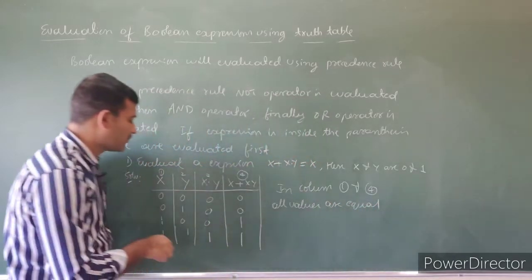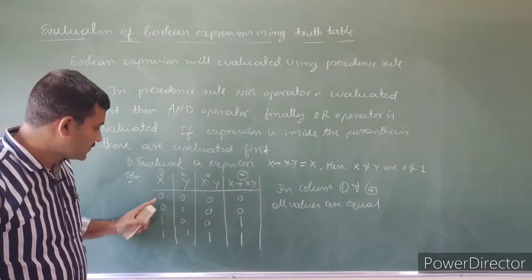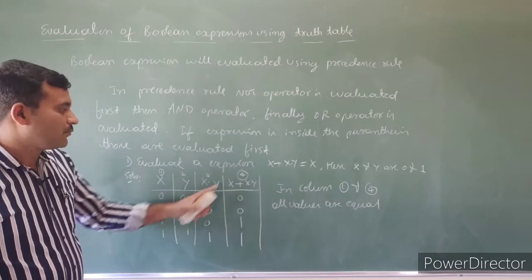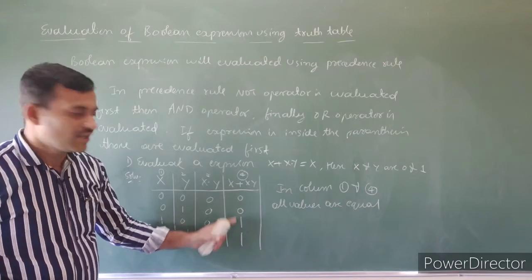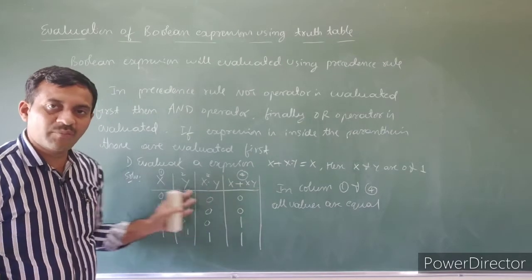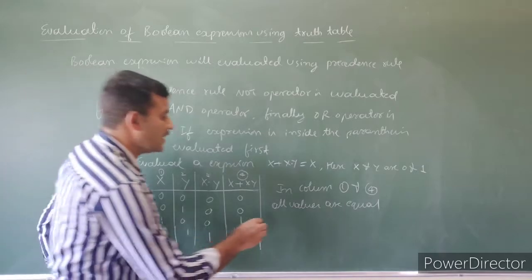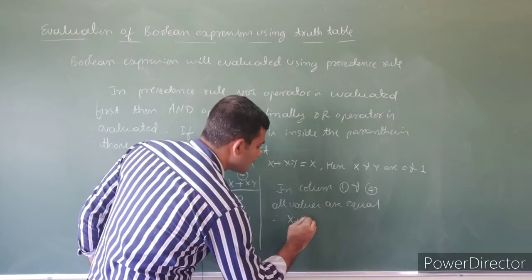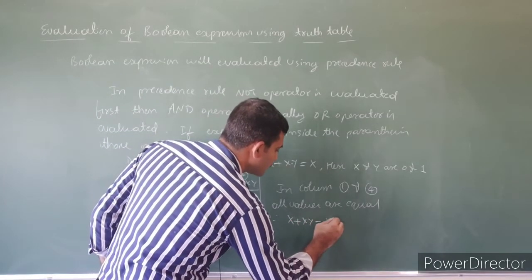See here, what is column number 1? That is x: 0 0 1 1. Fourth column is 0 0 1 1. The value of x plus xy is the same as the value of x. Therefore, x plus xy is equal to x.